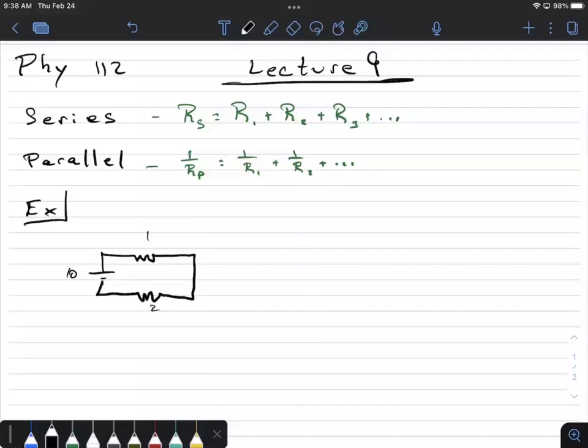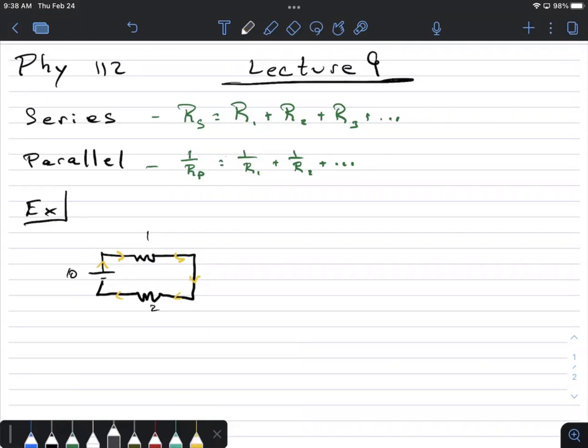So looking at this guy here, we have the current leaving the power source. It travels through, hits resistor 1 and goes through, but then continues on, and then has to go through resistor 2. There's no way for the current to avoid resistor 2 if it goes through resistor 1.